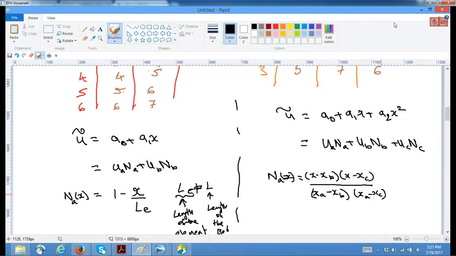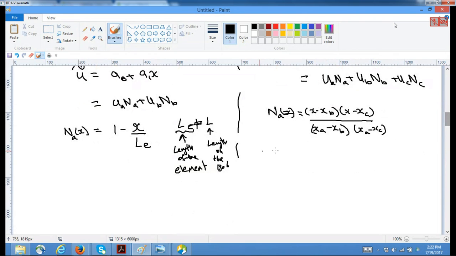In the similar manner, you can also write your NB of X as X minus XA, X minus XC divided by XB minus XA into XB minus XC.